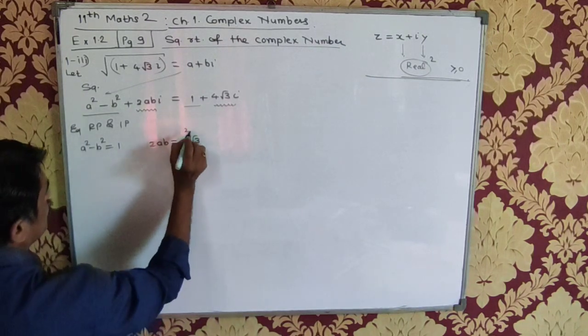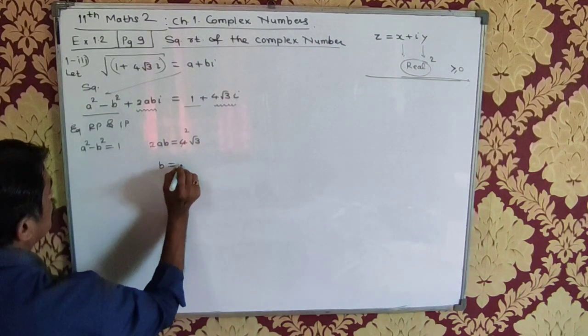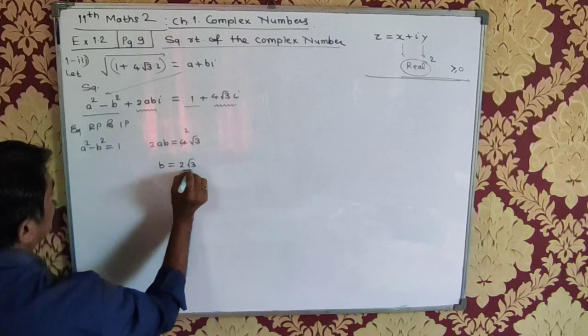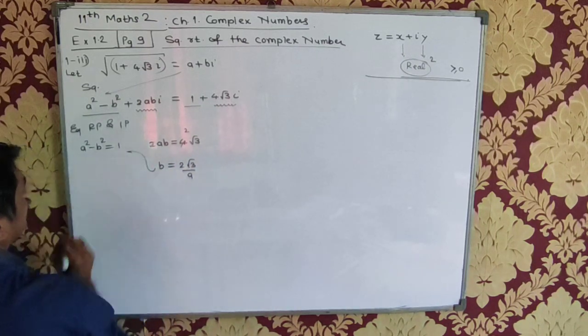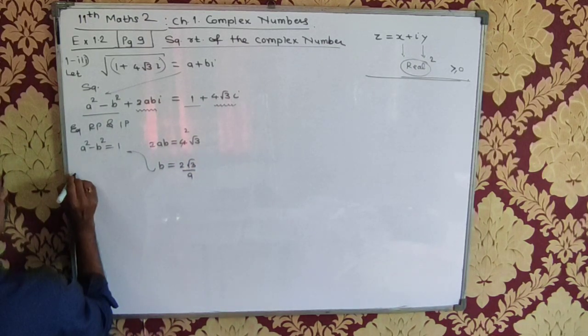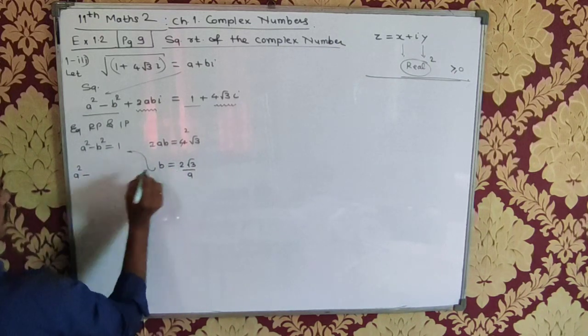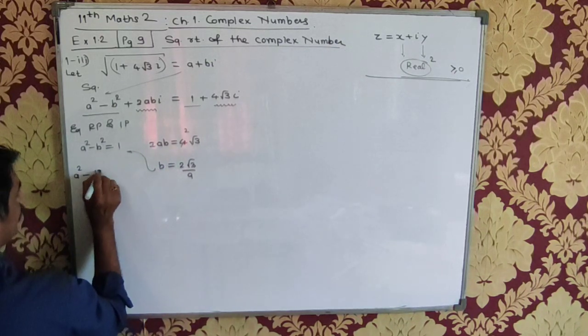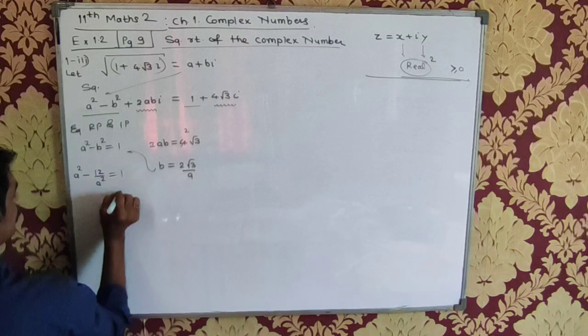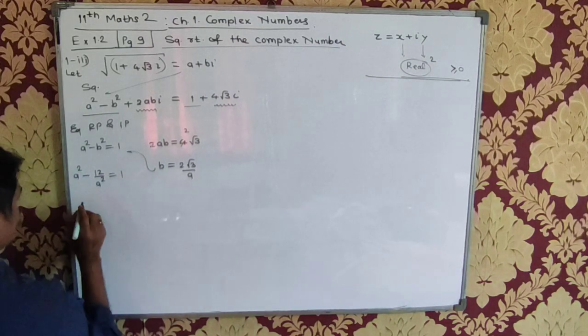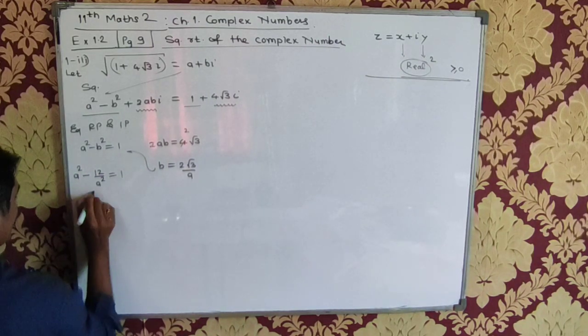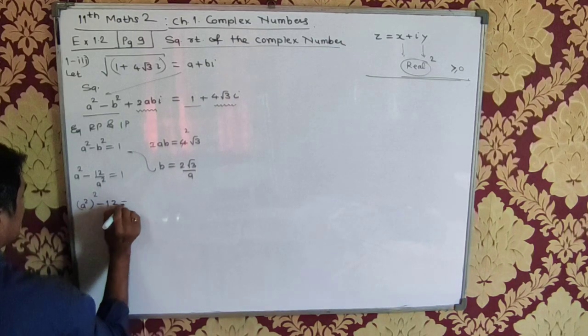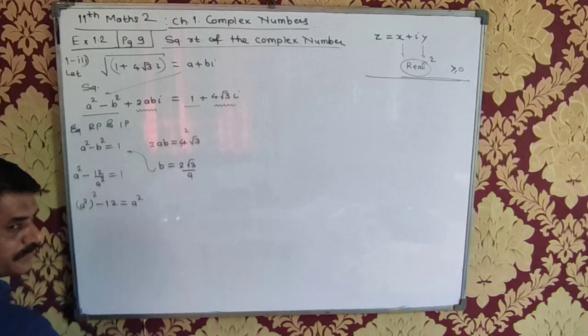So b is equal to 2 root 3 upon a. Substituting, we get a square minus 12 upon a square is equal to 1. So a to the 4 minus 12 is equal to a square.